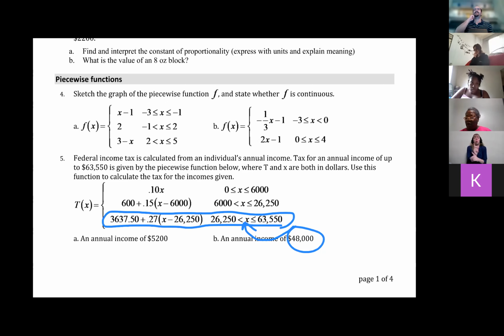You said the 5,200 fell in between 0 and 6,000, so with the 48,000, it falls in between 26 and 63? That's right. Okay, so do I just choose on the left-hand side which one to actually use as a solution to finalize the answer, or do I use the one that's closest to 48,000?